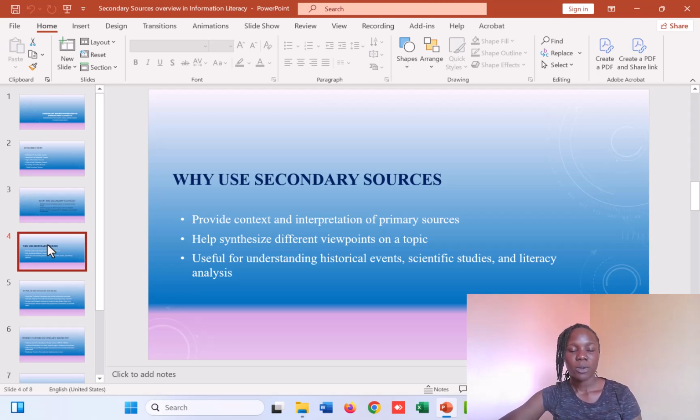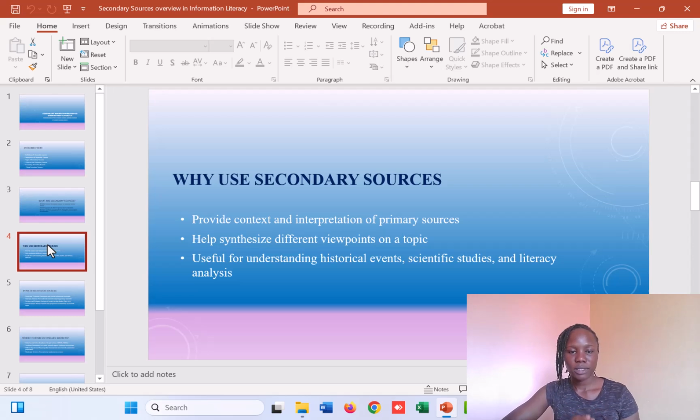So why do we use secondary sources? We use secondary sources to provide context and interpretation of primary sources. They help us to dig deeper into what the primary sources contain.